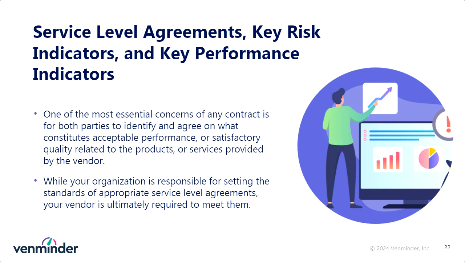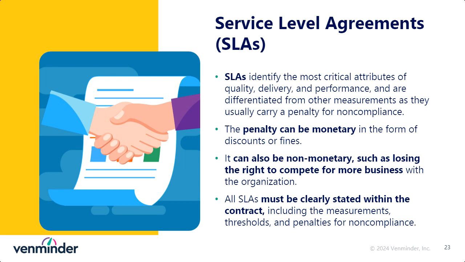The service level agreement, or SLA, identifies the expected quality, delivery, and performance of your third party. In the best scenario, I think I mentioned, you might see this as an exhibit or an attachment that details out these SLAs very thoroughly. The SLAs may carry a penalty for noncompliance with your critical vendors.